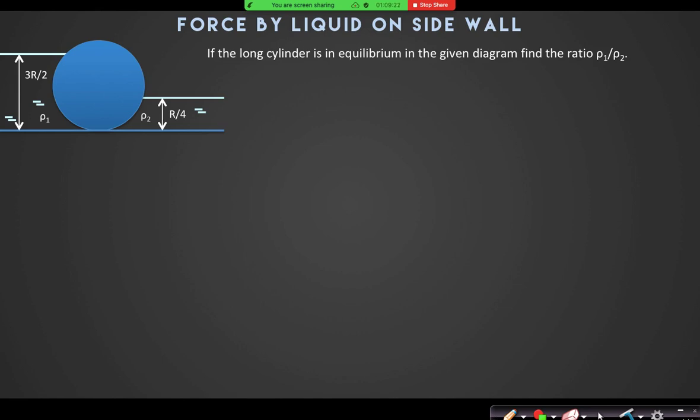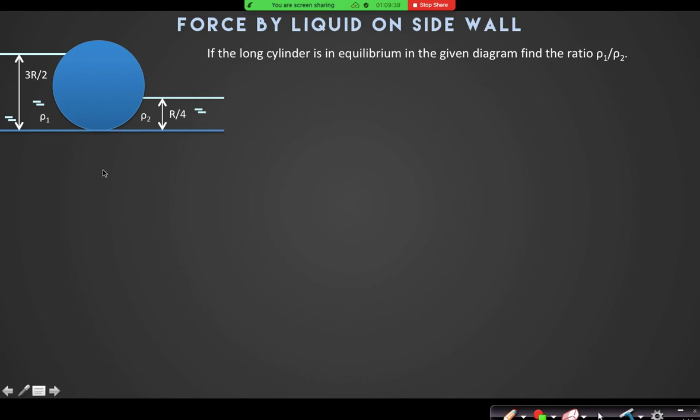Sir, I am getting 1 by 94. So 1 by 36. How are you solving this question? Sir, I am also getting 1 by 36.